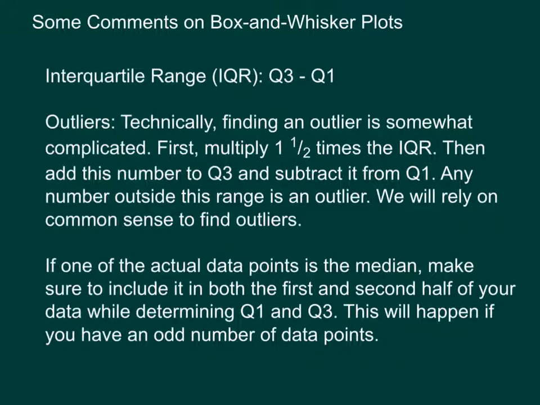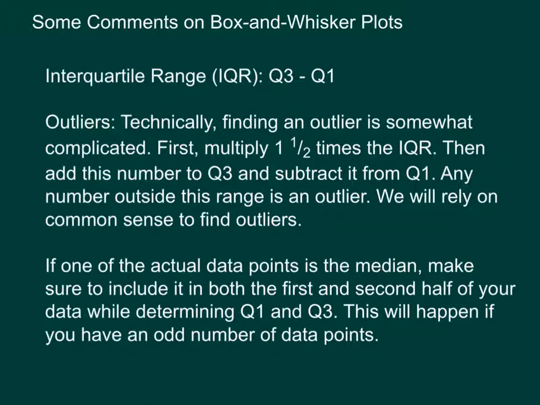So if let's say that our IQR was 10, we would then multiply that by 1 1/2 and get 15. So we'd add 15 to Q3 and subtract it from Q1. And if any of our values from the data set were larger than Q3 plus 15 or smaller than Q1 minus 15, then that would be an outlier.